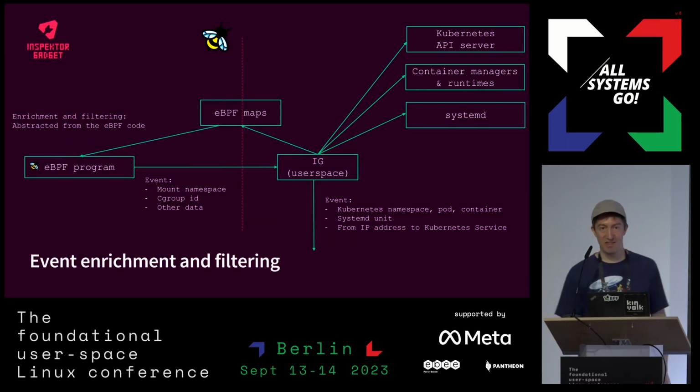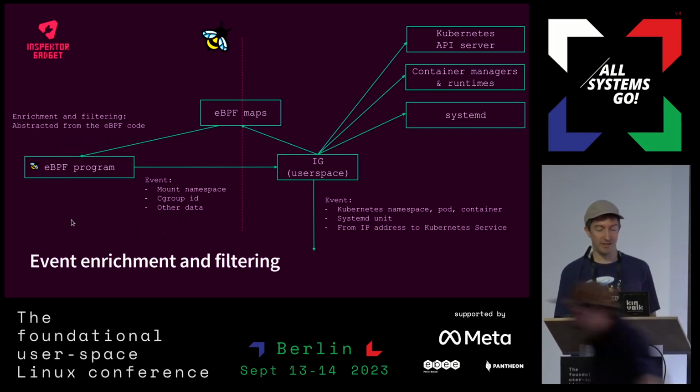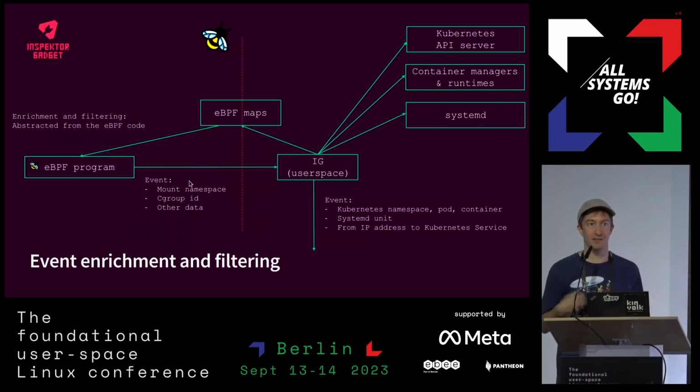Thanks. So this shows how it is implemented. On the left, we have the eBPF program that doesn't know whether it's run on Kubernetes or on systemd units or otherwise. It only gives events to user space. Events can include some low-level data like mount namespace IDs, cgroup IDs, or things like that. But it doesn't know about Kubernetes pods or Kubernetes namespaces.